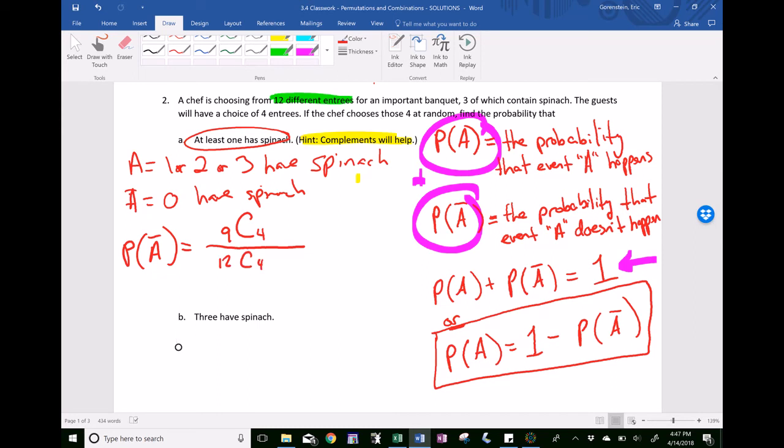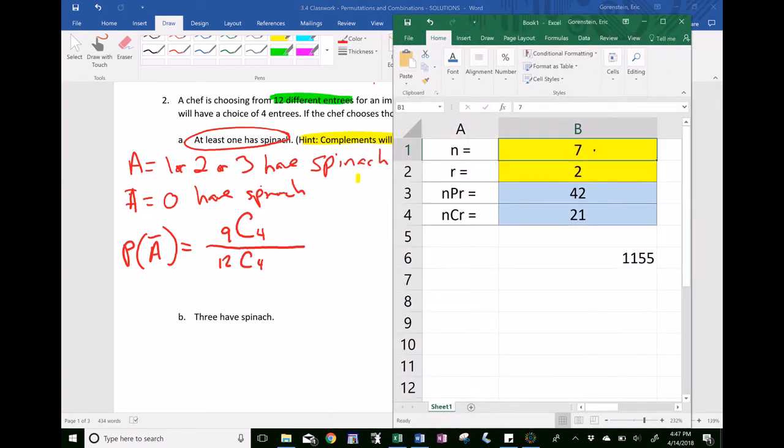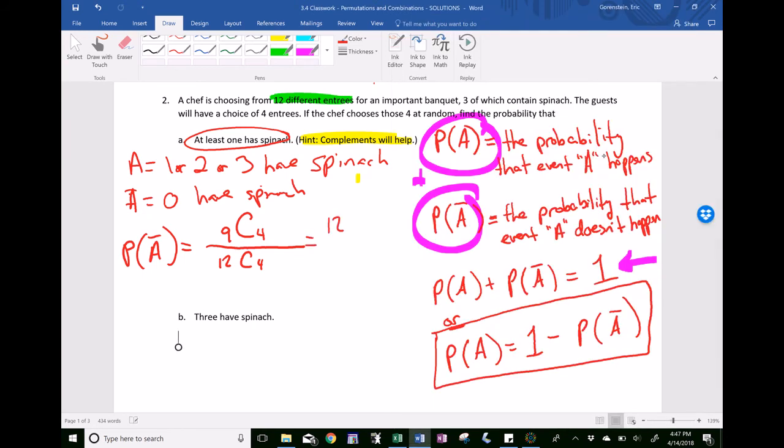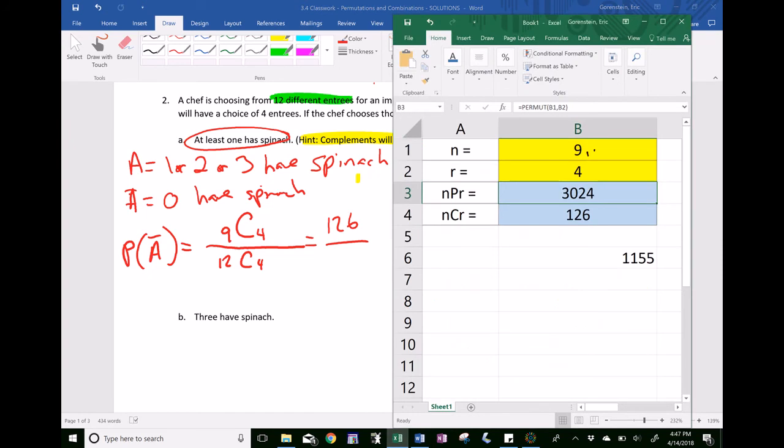I'll go over to Excel to do the calculations here. 9 combination 4 is 126. On the bottom, let's change that 9 to a 12: 495.